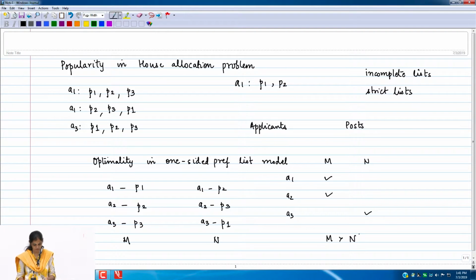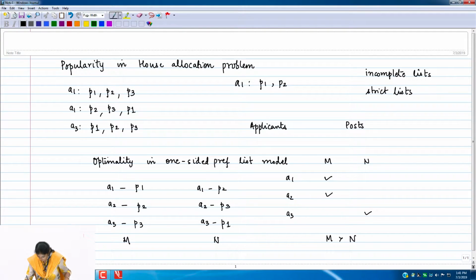So we will just use the same notation, and we will say that a matching M is popular if there is no matching that is more popular than that matching. That is, when you look at a pairwise comparison, if you can find a matching which cannot be beaten by any other matching, we will call that matching a popular matching.